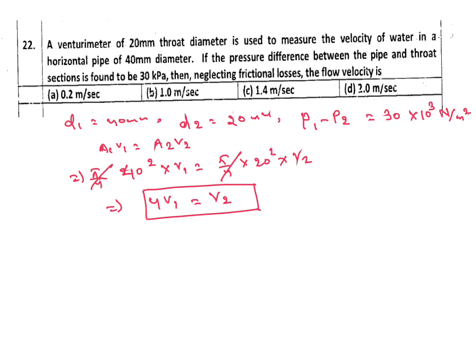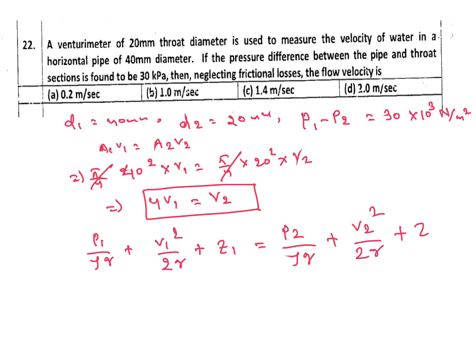Then we have to go for Bernoulli's equation. P1 by rho g plus V1 square by 2g plus Z1 equal to P2 by rho g plus V2 square by 2g plus Z2. Z1 and Z2 cancel. Then g also cancels.